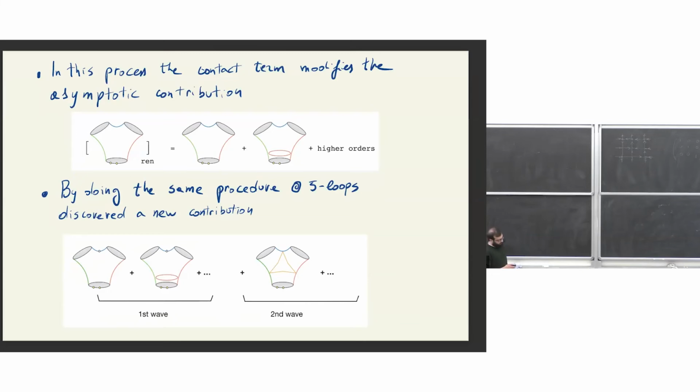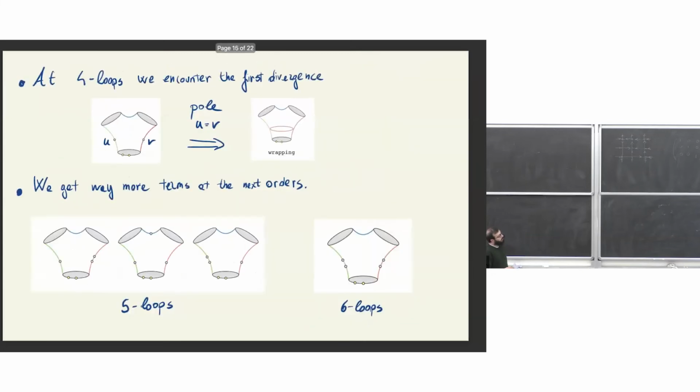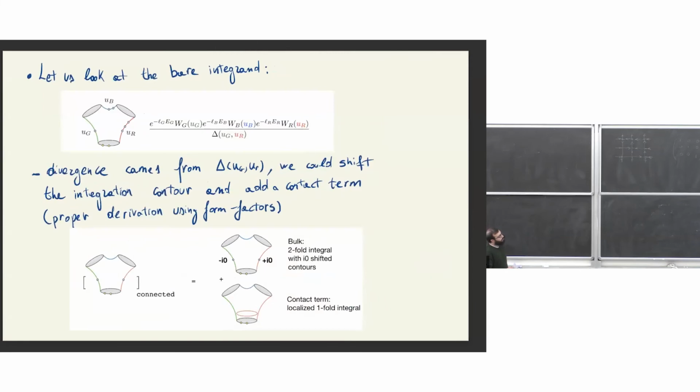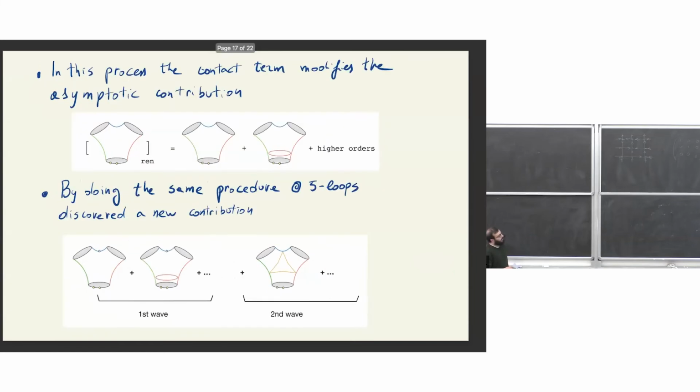So the idea is now that I want to maintain the same structure of this object. What I want to do is modify what I call the different integrands W. And I can do it by studying these wrapping effects, so these contact terms, as I said, renormalization, so correction to the same hexagon without, for example, in this case, any other particle.